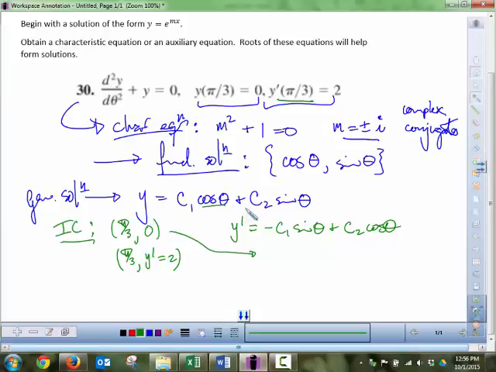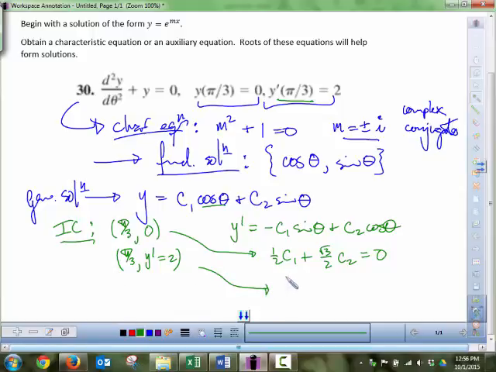It's not 45. What is it? 1/2? So for this one, we put into the y equation, we should get 0. So this is 1/2 C1 plus, I'm assuming this is root 3 over 2, C2 is equal to 0. That's from the first equation.